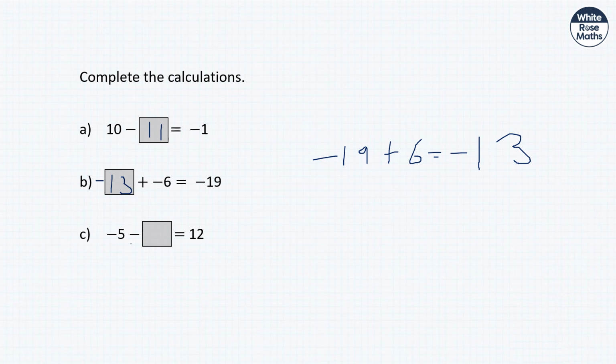This next one here, I do negative 5, subtract something is equal to 12. So being very careful here, I'm actually going to subtract negative 17.